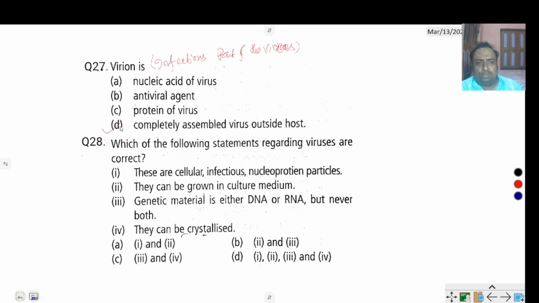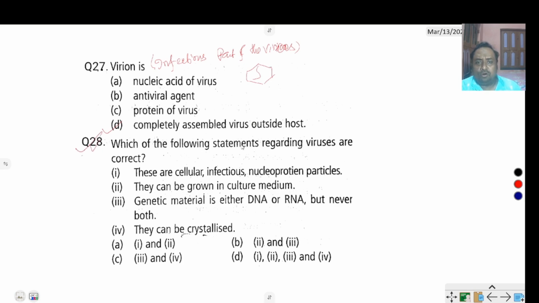D is the correct option: completely assembled virus outside the host, that is, where the capsid protein is also present and the DNA is also present.